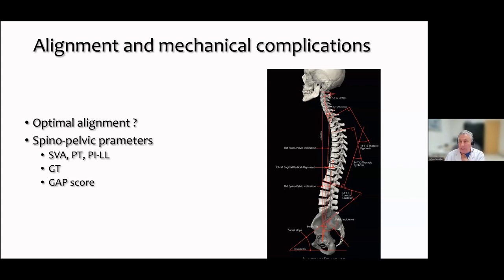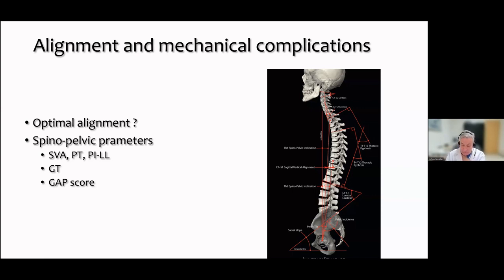So we have many schools, I would say: the Schwab, SVA, pelvic tilt, the mismatch between pelvic incidence and lumbar lordosis, which has some formula for that, the global tilt, the GAP score with the European deformity group.